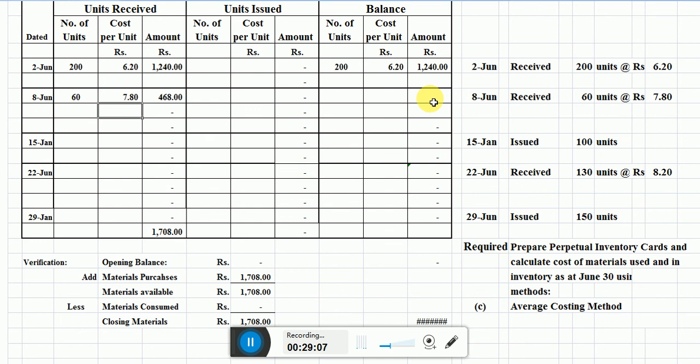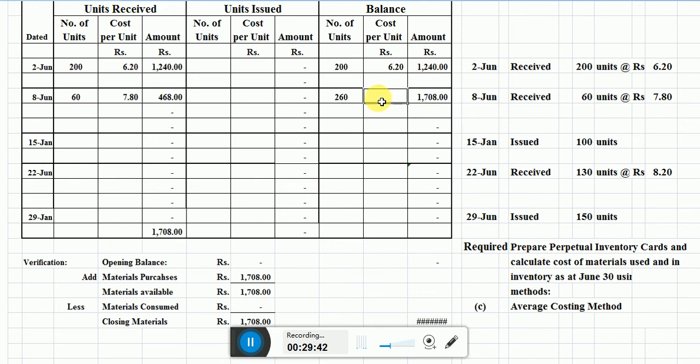You can see we have to first add the previous amount plus the current amount. Same as we have to record the units, the previous units and the current units. So you are looking here, the total units is 260 units and the total value is 1,708 rupees here.